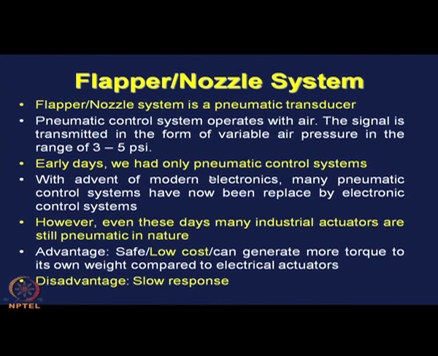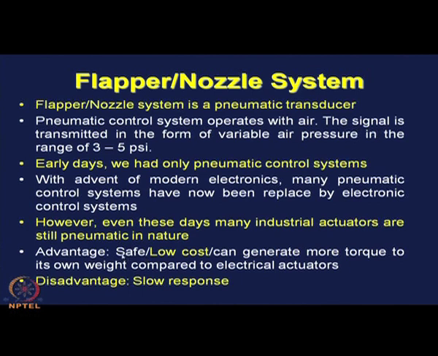Early days, we had only pneumatic control systems, but with the advent of modern electronics, many pneumatic control systems have now been replaced by electronic control systems. However, even these days, many industrial actuators are pneumatic in nature. There are certain advantages associated with pneumatic control systems.